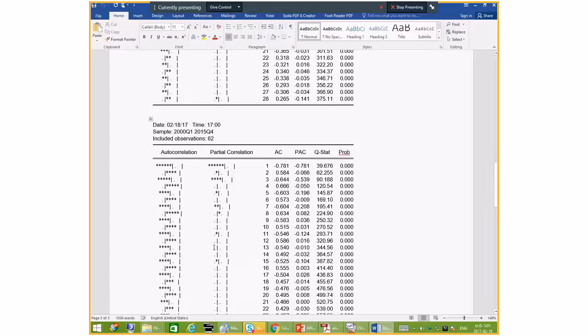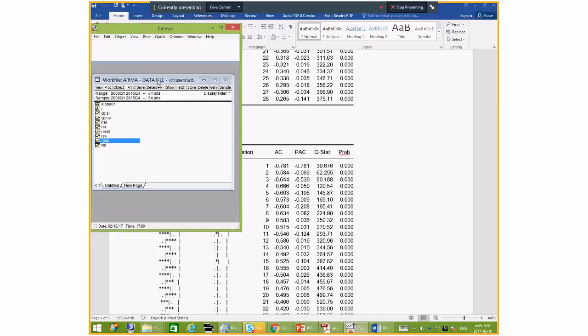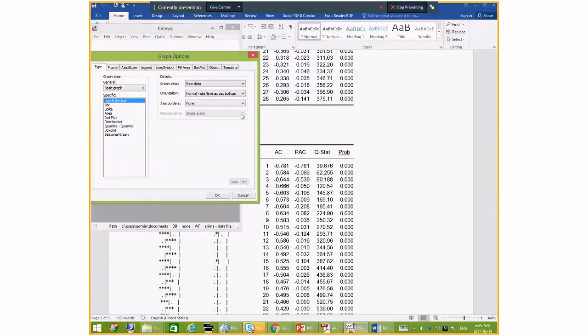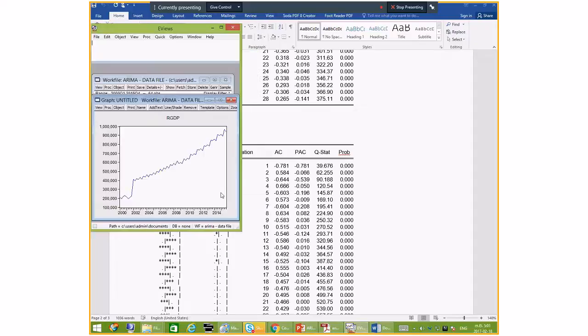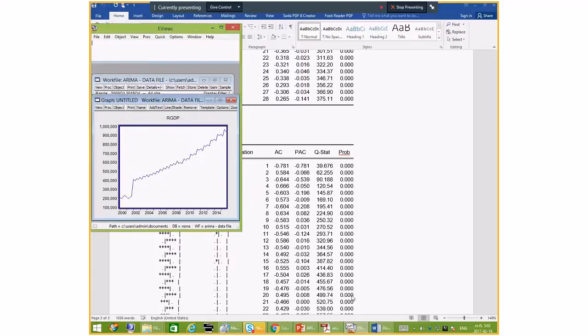First see the graph of the data series. Quick, Graph, the GDP, basic graph. This is a trend. Copy and paste it.